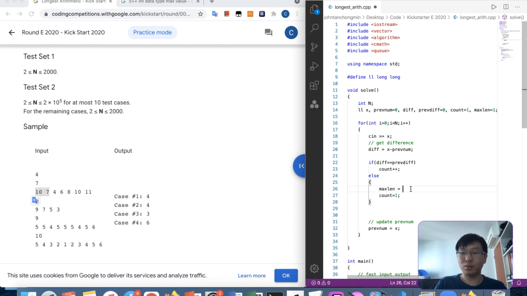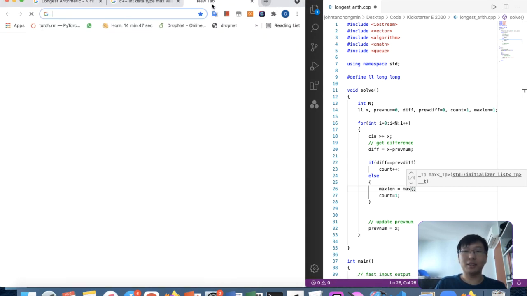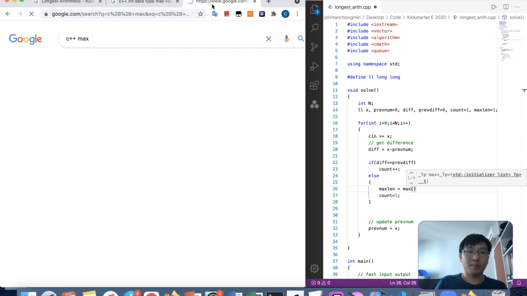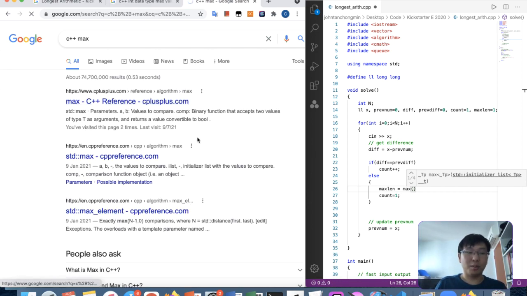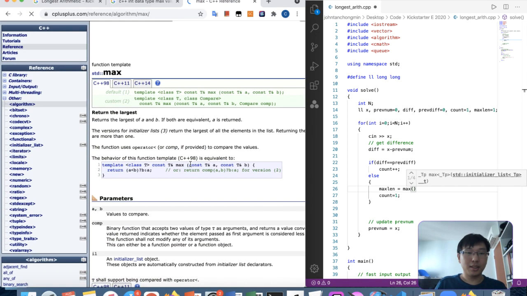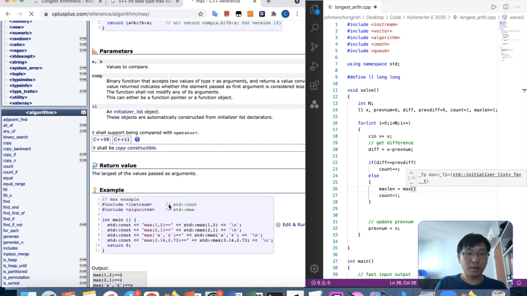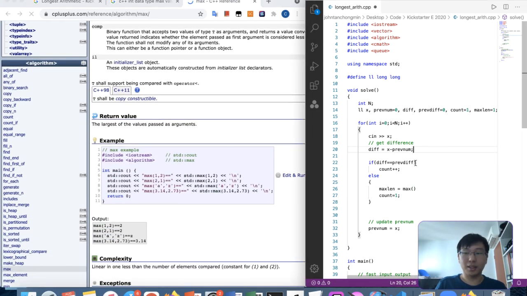Max length equals max. I think C++ has a max method, which you can compare two numbers to get the max. So max length equals max of max length and the count itself.